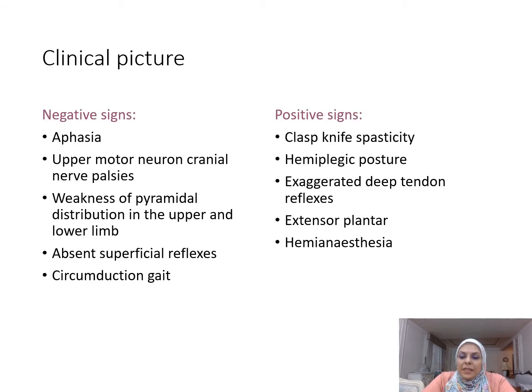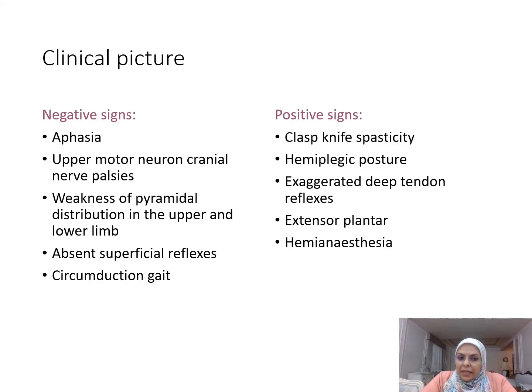When we describe the clinical picture of a case with hemiplegia, remember that we have an imaginary baseline. Anything less than this baseline is called negative symptoms. Anything more than the baseline, or more than the normal, is called a positive symptom. So among the negative symptoms, the patient might present with hemiplegia plus aphasia, loss of speech, or upper motor neuron cranial nerve palsy.